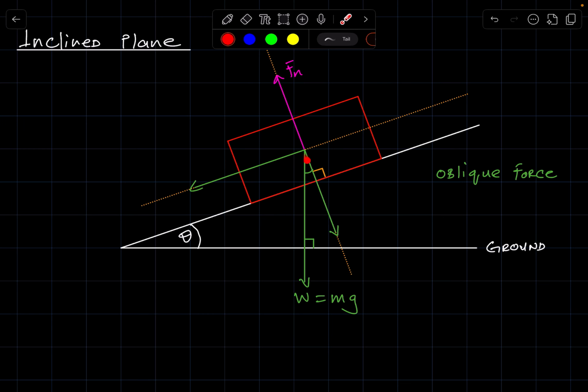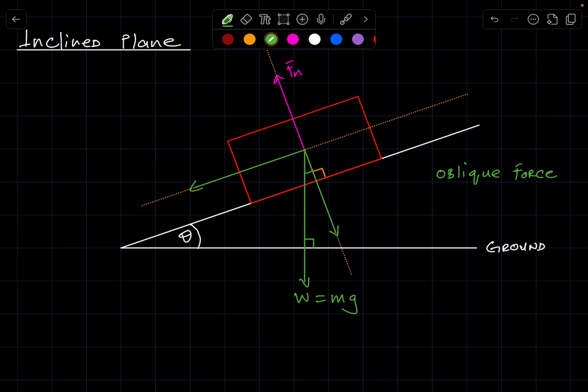The vertical component is perpendicular to the plane. The horizontal component is parallel with the plane. You will see sometimes the vertical component is referred to as the weight component perpendicular to the plane. And the horizontal component of the weight is sometimes referred to as the weight component parallel with the plane.